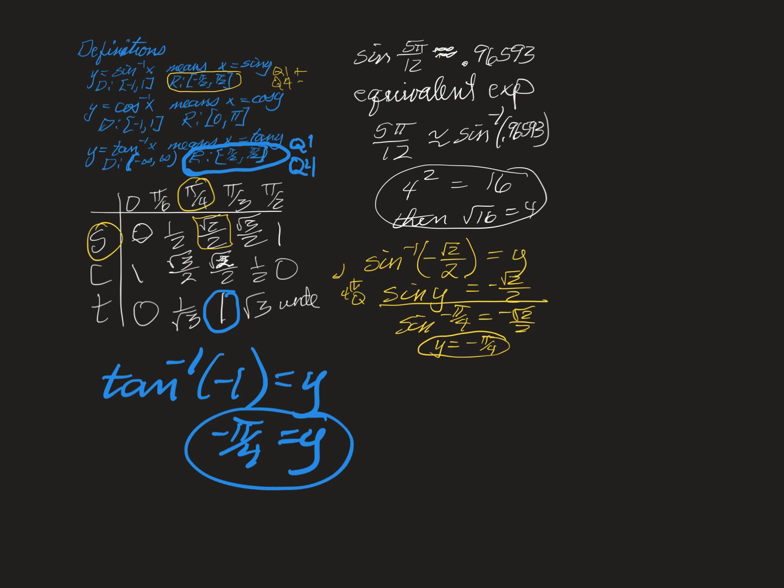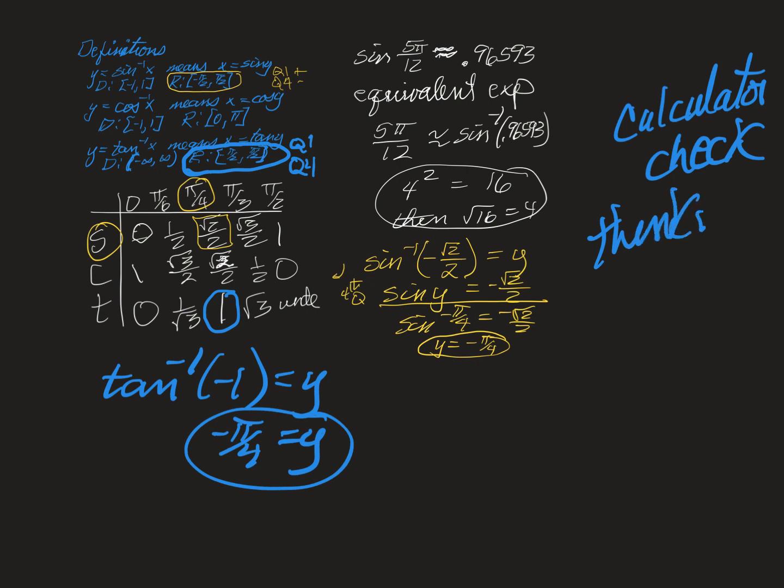Now, you can punch this on your calculator and check it. So don't forget, you can do a calculator check. But make sure you work on the thinking. It's the thinking that's important here. You need to think inverse function. So you need to do it the way I'm doing it and then check it on your calculator.